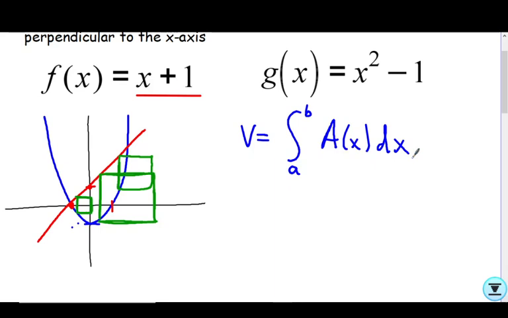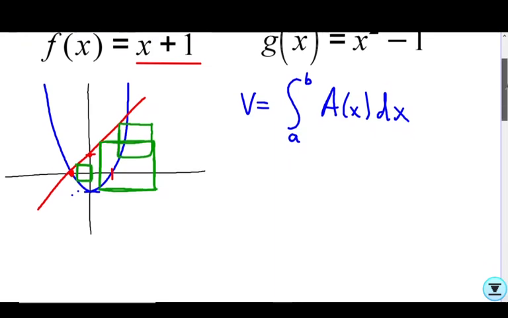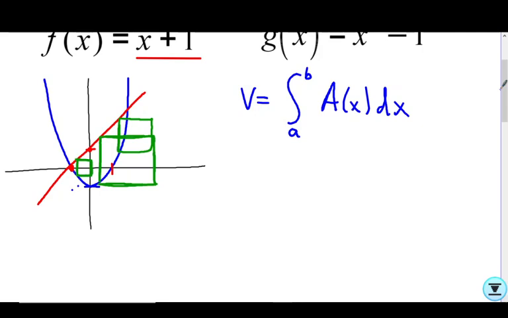Now, since I know I'm using square cross sections, that means my area in terms of x is equal to s squared. Now, s is going to be this length from here to here. That length s is going to be equal to the function on top minus the function on the bottom.